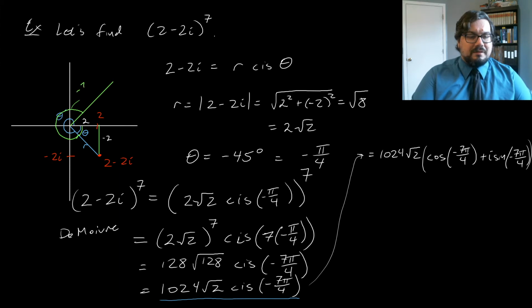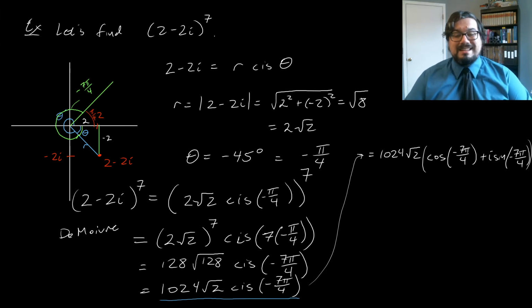So here's negative 7 pi over 4. And notice that it has a reference angle of pi over 4, and therefore cosine of negative 7 pi over 4 is just the same as cosine of pi over 4. Sine of negative 7 pi over 4 is just the same as sine of pi over 4.